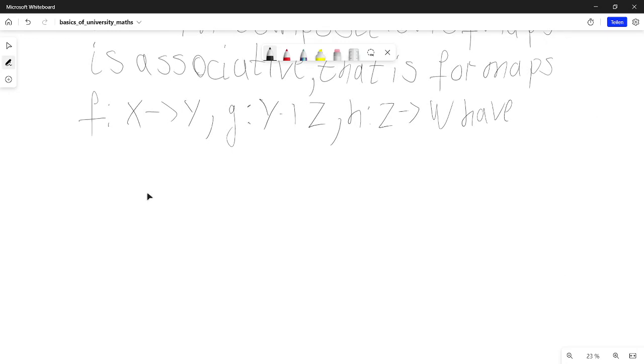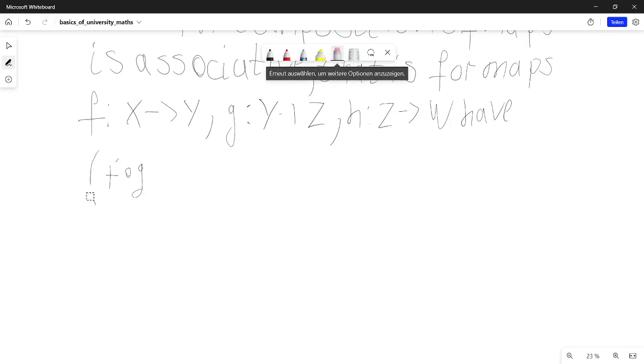What was associativity? That we can break it as we like. And of course, customary, we just show it for the case. Of course, I have already written it wrongly. We should pay attention to how the composition is written.